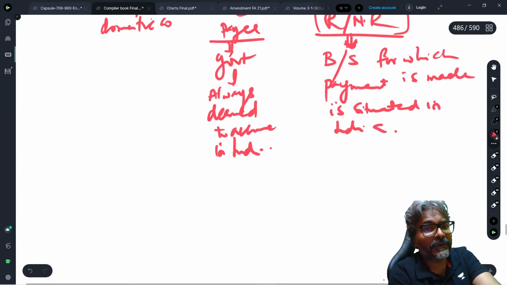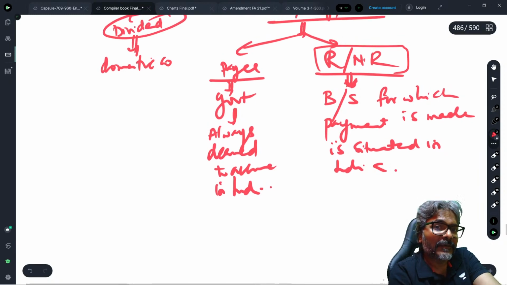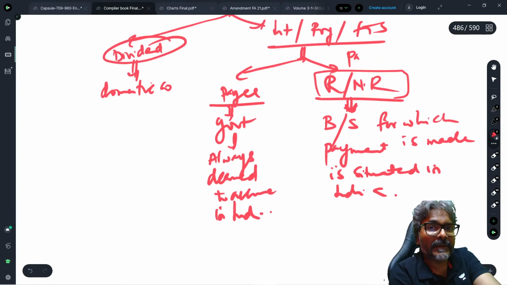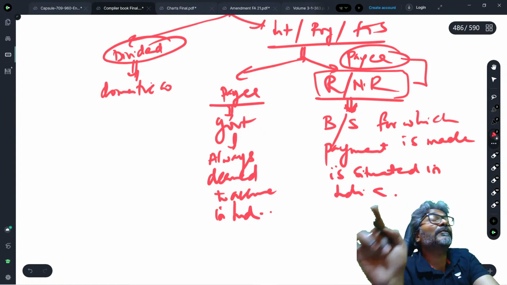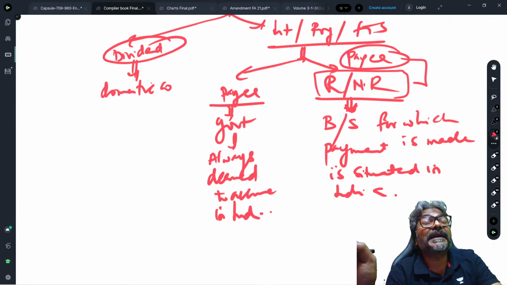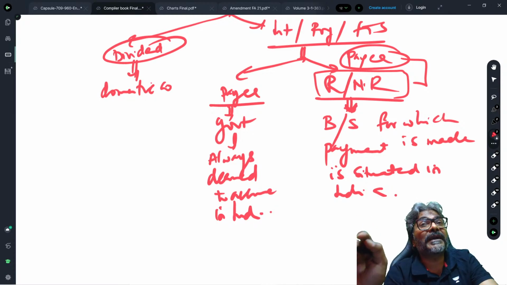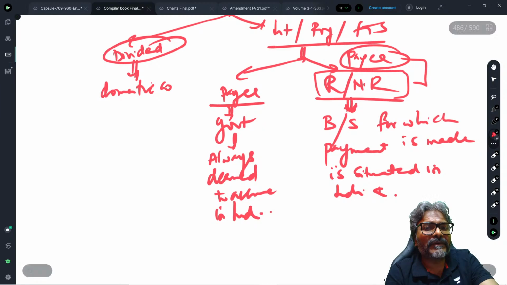So then and only then the deemed accrual will take place. So if the payer is a resident or a non-resident and the payment is in respect of the business or a source situated in India, then in that case we will say that yes, there is a deemed accrual that has taken place in India.